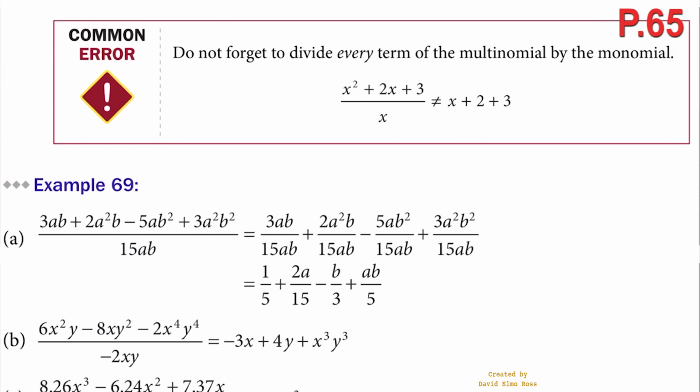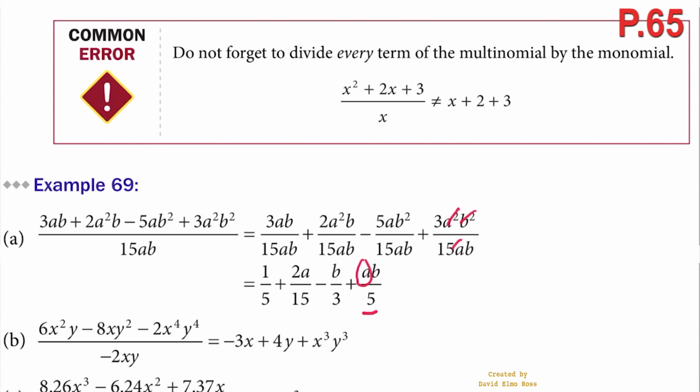The third term is 5 over 15, which is going to be minus 1/3. Then the a's divide out, and b squared over b goes once. So that ends up giving us a term of minus b over 3 for here. Our final term is 3 over 15 again, which is a number over 5. Then we have a squared over a, which gives us our a.